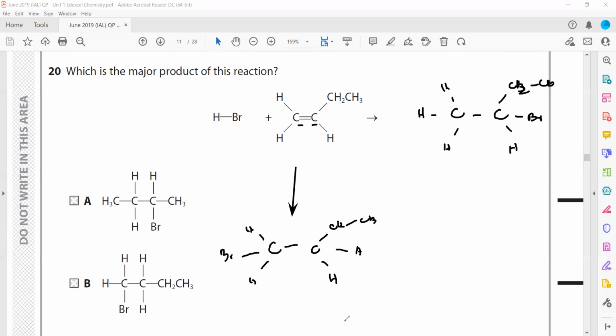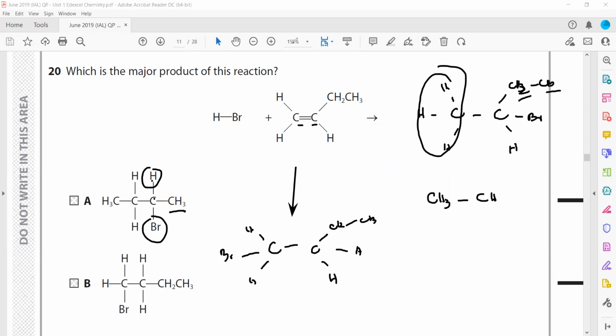So we have to check which one shows the major product, the product which can be formed. So bromine will be attached. Like here CH3 will be there because in terms of structure, this is CH3, this is CH3, and then this CH is there and Br is there, and then this is CH2, and then CH3.